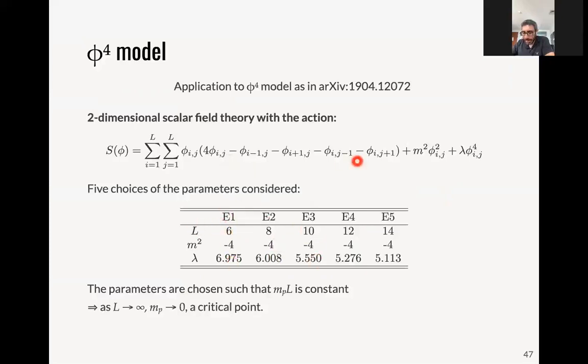So L is the extent of the lattice. It's 2-dimensional, right?